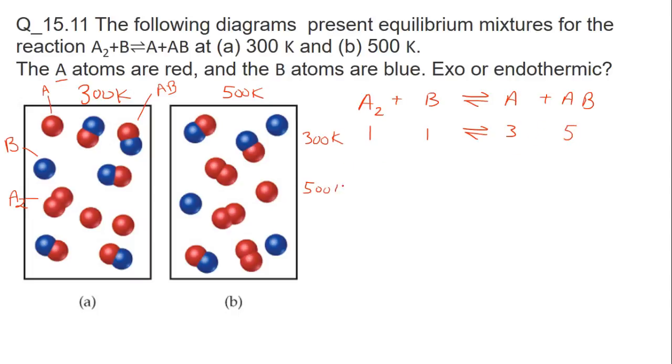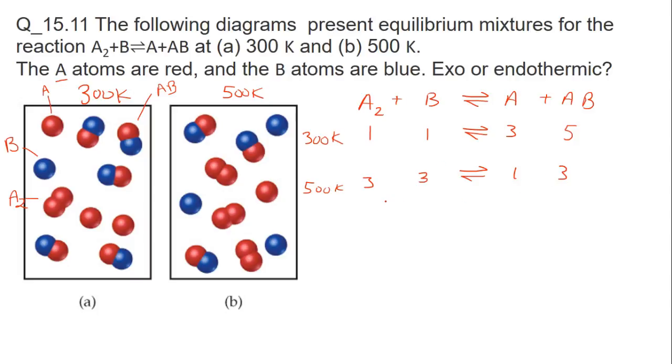Now our reaction at 500K, we can look and see we've got 3 molecules of A2, 3 molecules of B, and that equilibrated to 3 molecules of AB and 1 molecule of A.